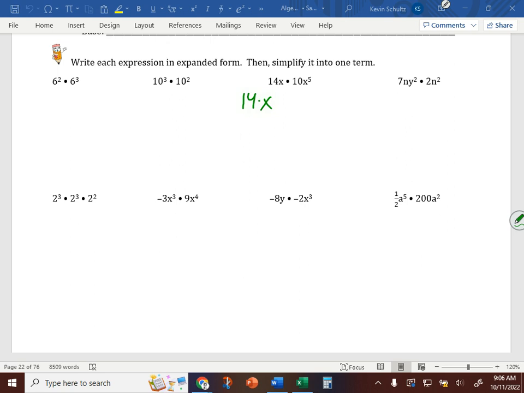If you want to put x to the first, just to remind you it's got a power of 1, go ahead and do it. Okay? Because it is there. We do have to consider it. And then we're multiplying that by 10x to the 5th, which is 10 and then 5 x's. Okay? I guess really, if you're good with the power of 1, you do it on your original expression, not the expanded form. But either way, whatever.